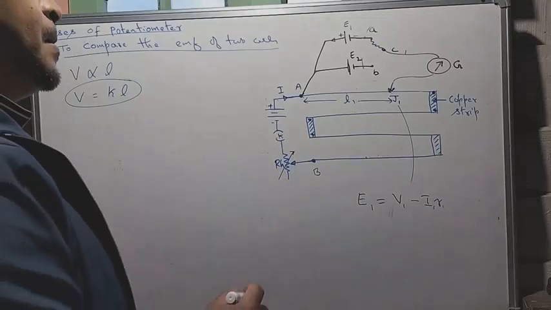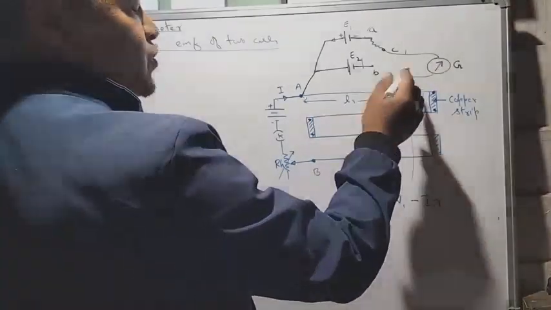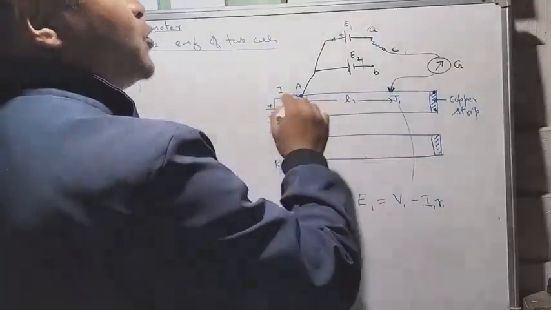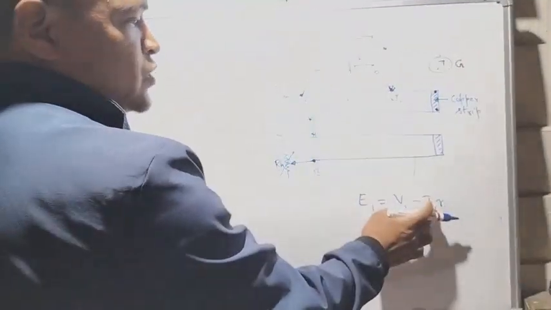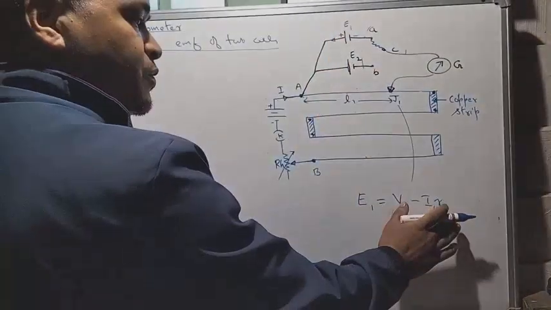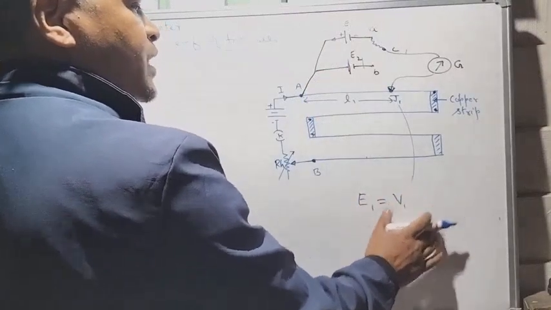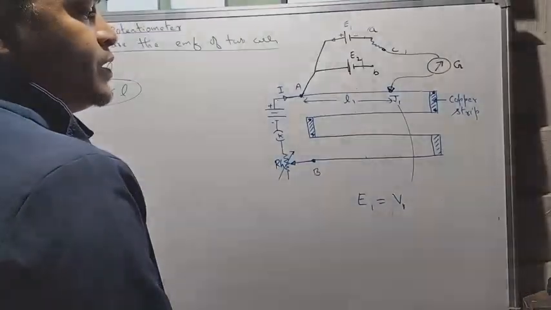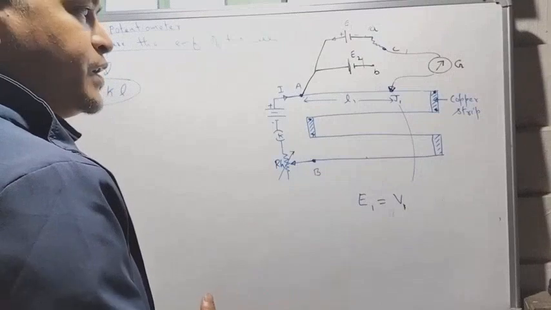But at this point J, when the galvanometer shows zero deflection, it means there is no current in the potentiometer. So when there is no current, I1, the current due to the cell E1, will be 0. When I1 is 0, this term will disappear, so you'll have only E1 equals V1. That means the EMF of the cell is the same as the potential difference.